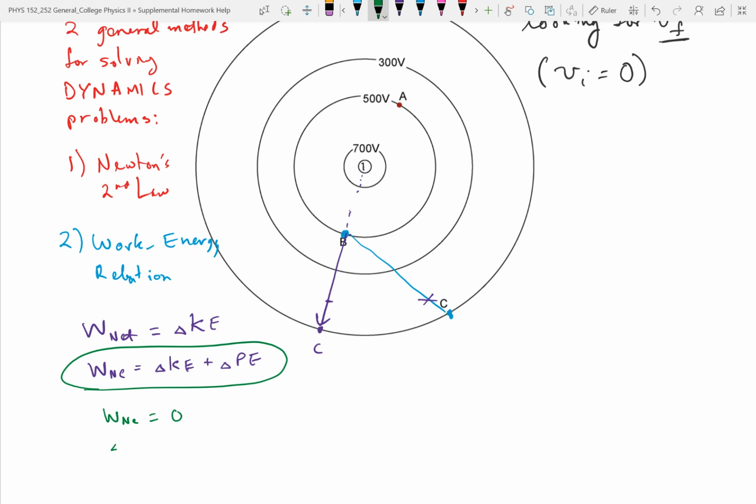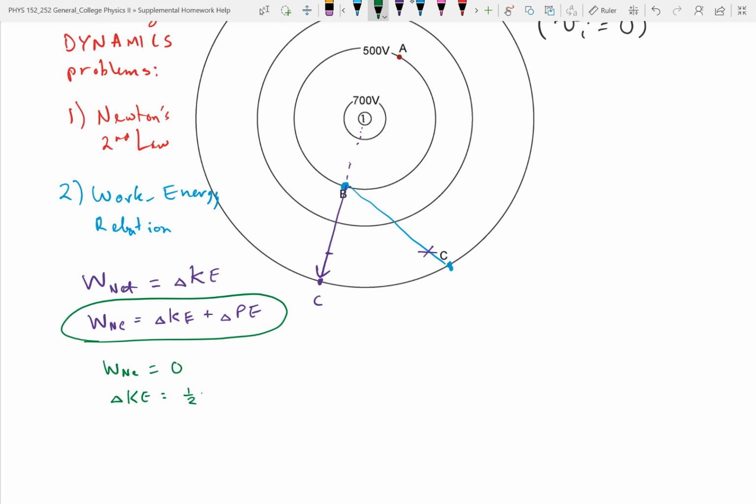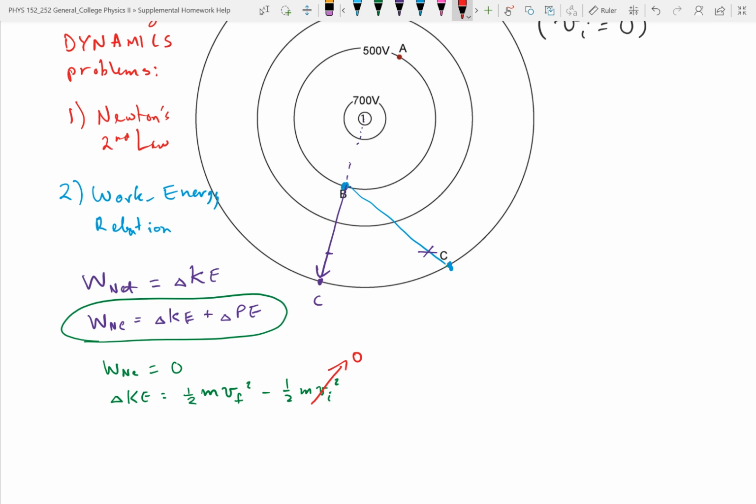And then change in kinetic energy, well, it asks us for the speed, so 1/2 mass times speed final squared minus 1/2 mass times speed initial squared. But since we placed it there, the speed initial is 0, so it's really just the final kinetic energy minus 0.